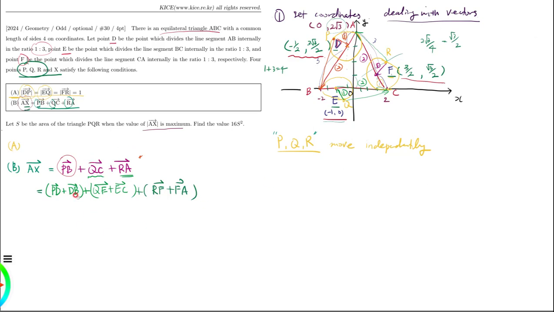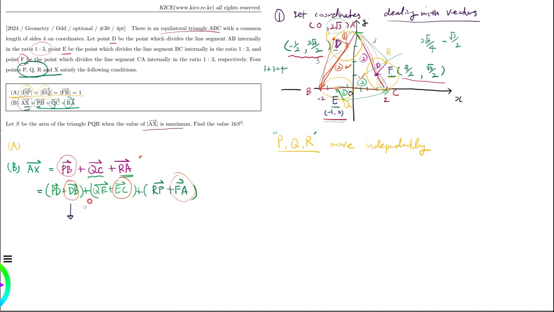As I said, the specific ones we have are the coordinate vectors of DB, the second one, EC, the second one, and FA, the second one. Let me express those three as coordinates.